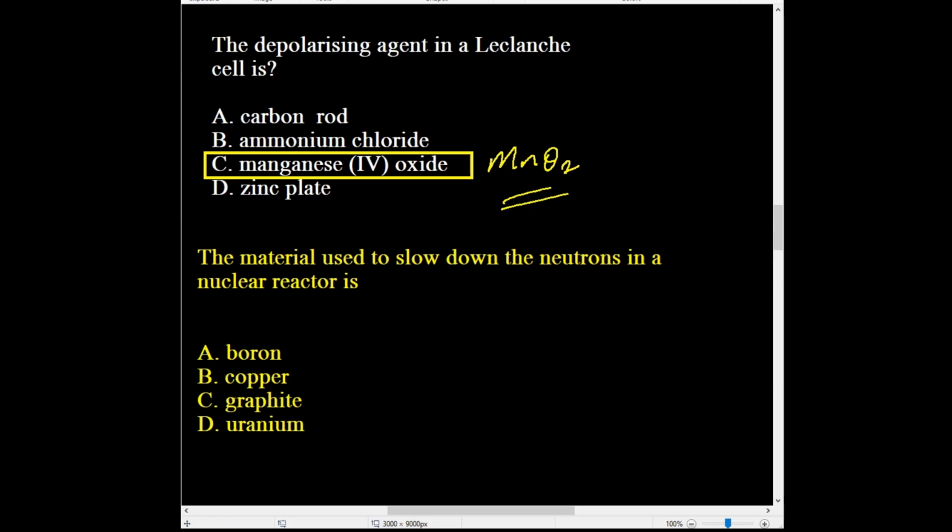Well, this is more like something you need to learn theoretically because you are not going to practice it. So it's graphite, okay? Yes, sir.